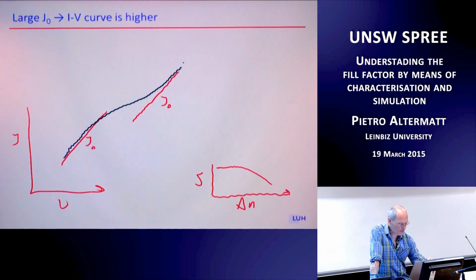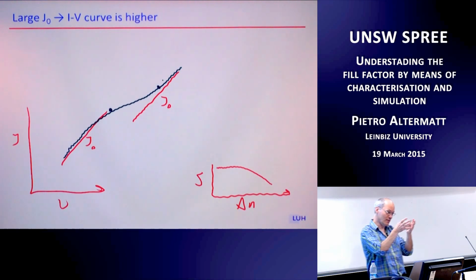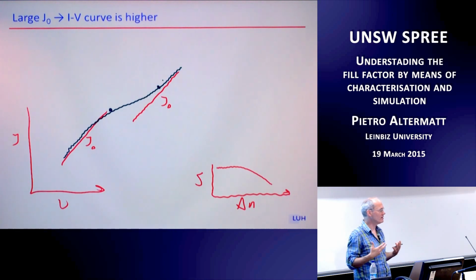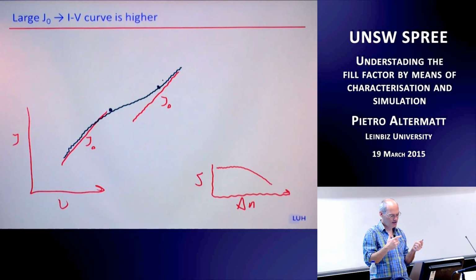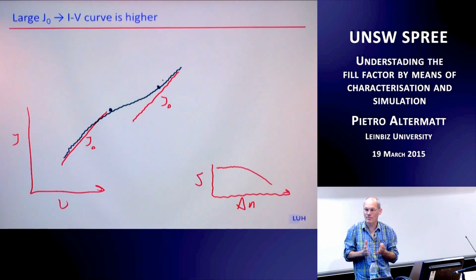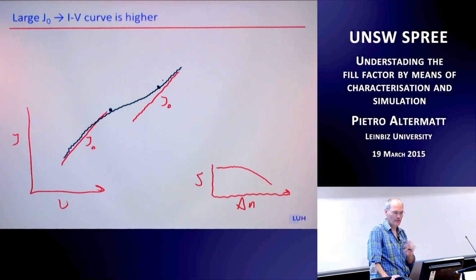And say your MPP is here, your VOC is here, you can imagine now when you transform that back from a logarithmic scale to a linear scale, that this lowers your fill factor. So any change in recombination as a function of delta n, of injection density, which is basically as a function of external bias, gives you a lower fill factor. We will see various examples then coming up.